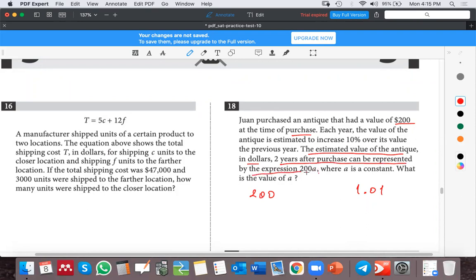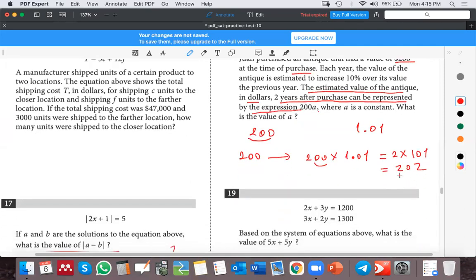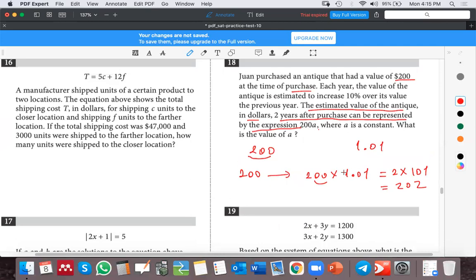After 2 years. So imagine, first year, 200. Since 10% increase, what will be the 10% increase? It means 200 times 1.01, which is 2 times 101. It will be 202. Is it okay? Did I make any calculation mistake? I don't think so.